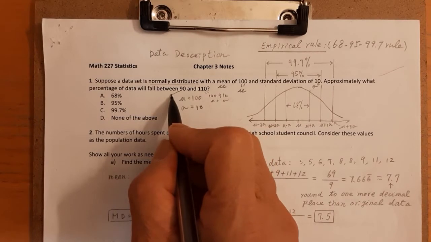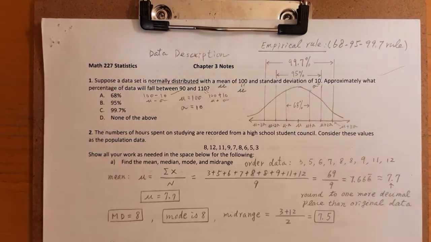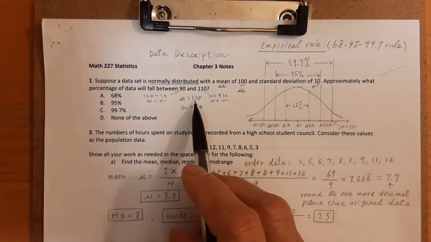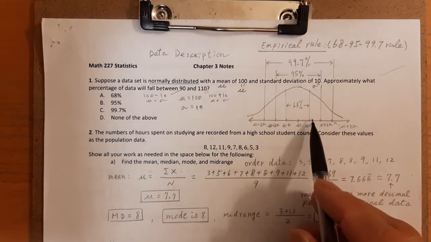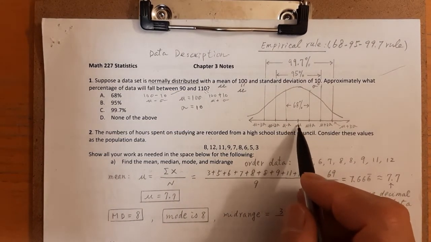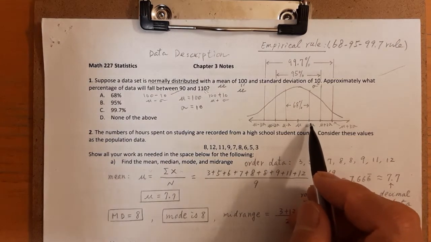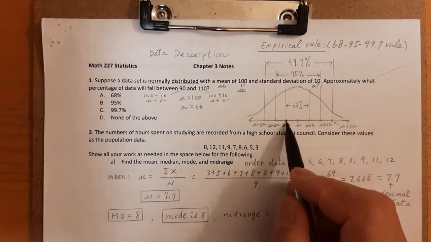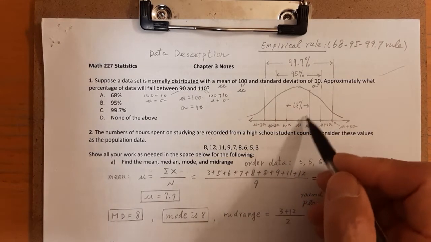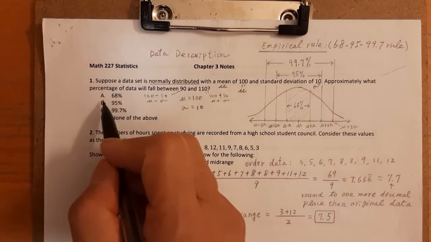So from 90 to 110 is 1 standard deviation above and below the mean, this area. The answer is 68%.